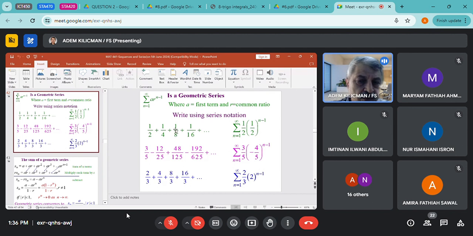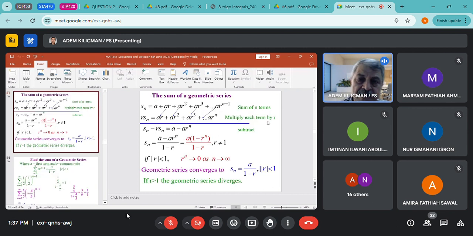Here, 1 over 2 times 1 over 2 square, and so on. As in here, you can see 1 over 2 power n minus 1. Similarly, we write that like this: AR square plus AR cube plus ... AR^(n-1), like this.